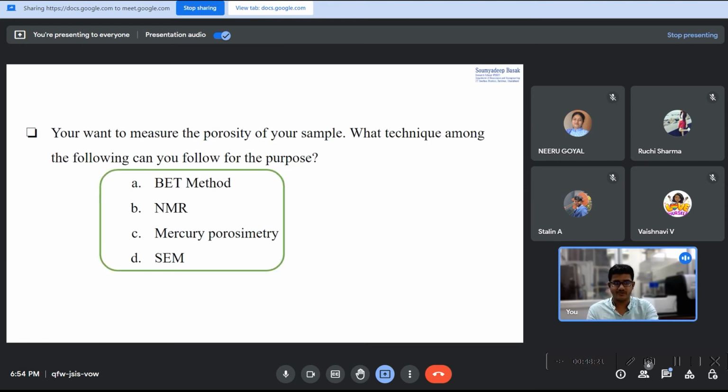Why all four? The BET method uses nitrogen gas adsorption and desorption properties. NMR is sometimes used for porosity measurement for particular kinds of material. Mercury porosimetry is classically used. SEM is also used. All four. Okay. This question also came up in your quiz.